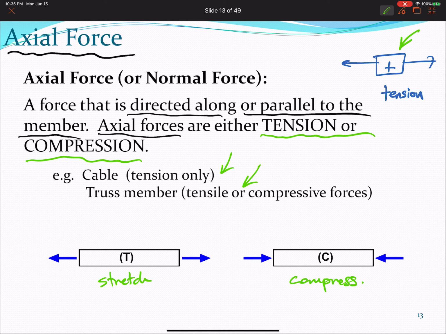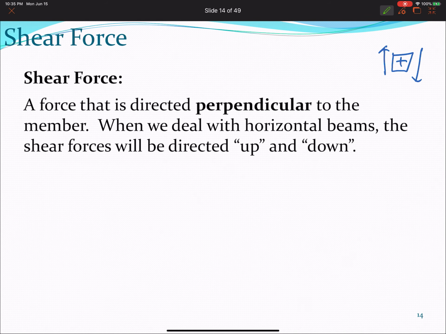Now, in the general case, a body can have axial forces, shear forces, and moment, right? A truss member could only carry tension or compression. What about the shear force? Shear forces are directed perpendicular to the member, right?